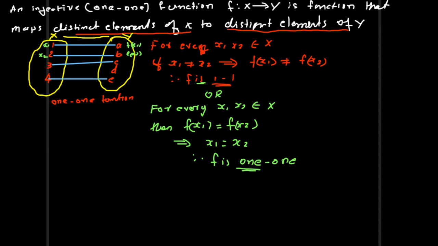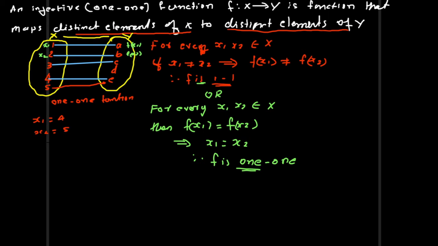This method you can also use. For example, we can take the same example here. Suppose here is a 5, and 5 is mapped to C. Clear? So here, suppose we take x1 equal to 4 and x2 equal to 5.